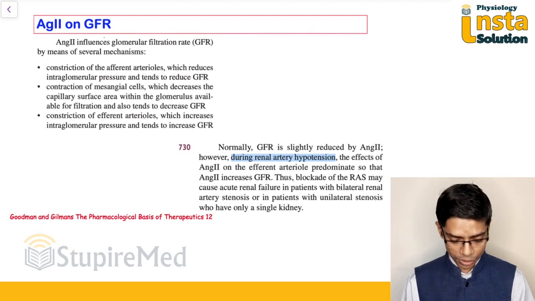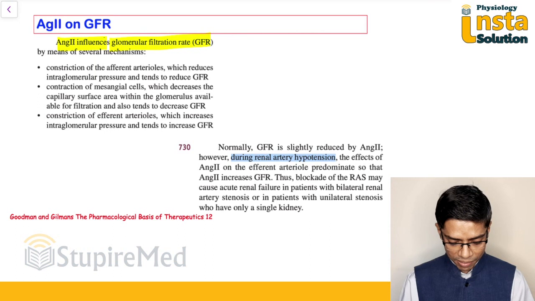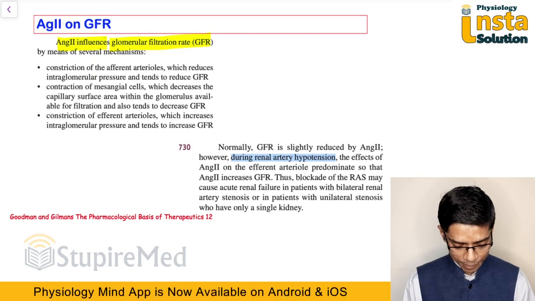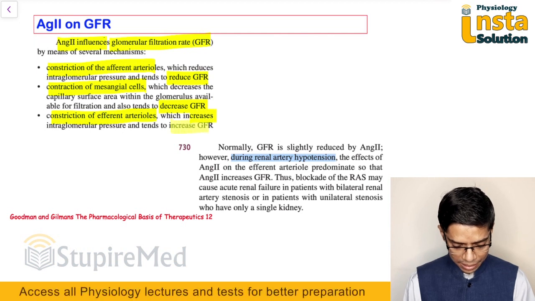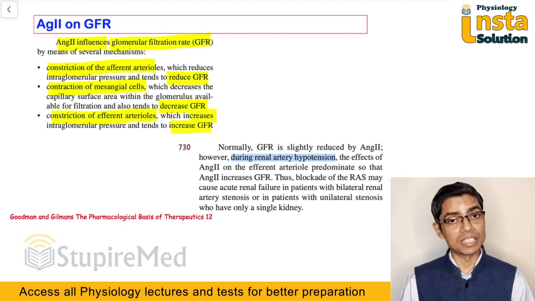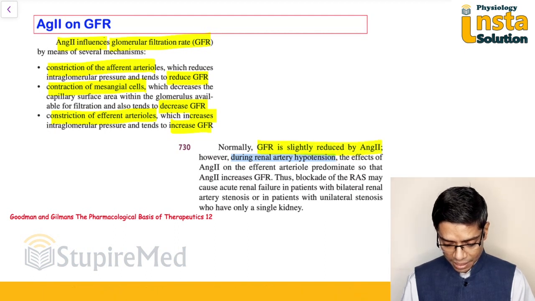I have prepared the question from there: angiotensin II influences glomerular filtration rate by several mechanisms. Constriction of the afferent arteriole reduces GFR, contraction of mesangial cells reduces GFR, and constriction of the efferent arteriole increases GFR a little bit. Normally GFR is slightly reduced by angiotensin II.